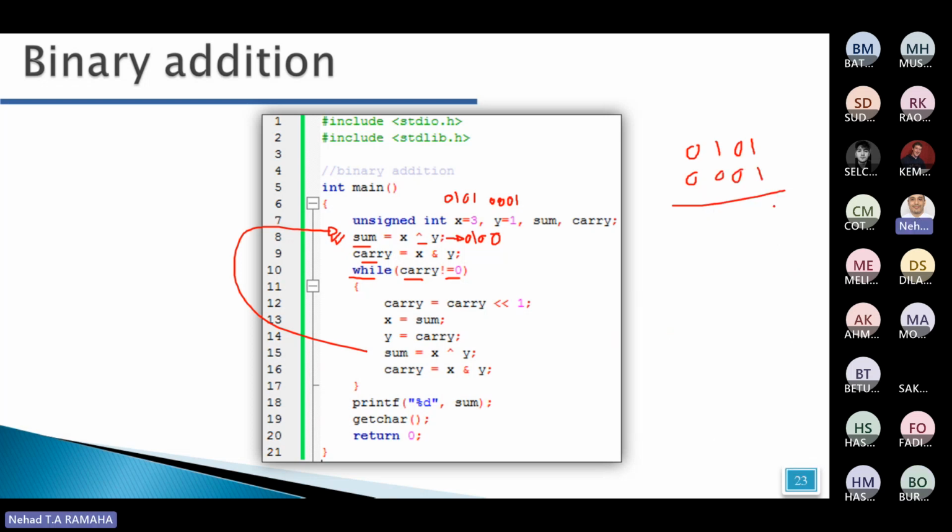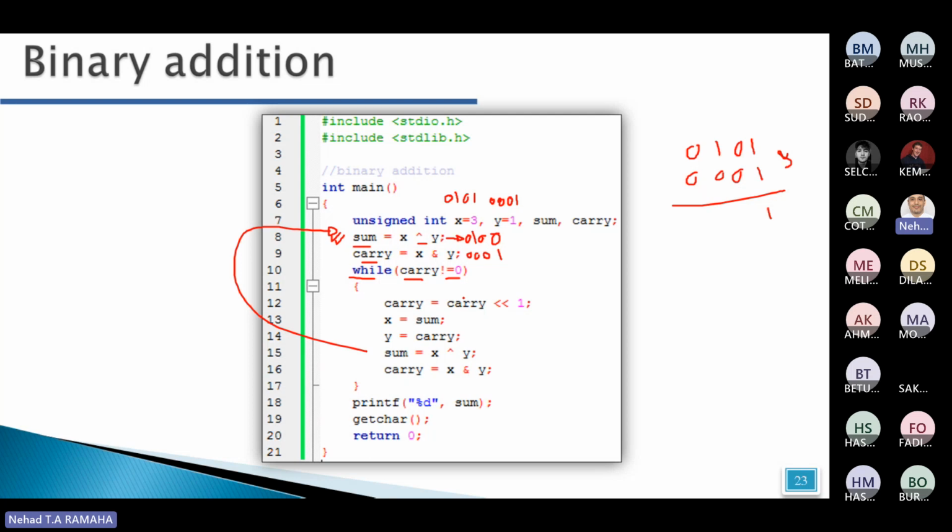So we have x, which is 3, 2 plus 1, it's 3, and y is 1. So if we make XOR, it becomes 0, 0, 1, 0, 0. If we make AND, we have 1, the others will have 0 because both sides must be 1. Okay, carry is not equal 0, yes.